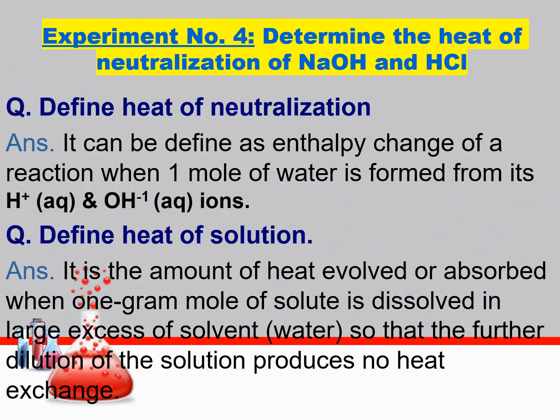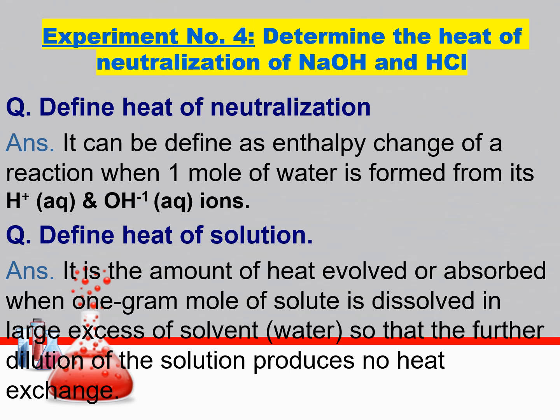Define heat of neutralization. It can be defined as enthalpy change of a reaction when 1 mole of water is formed from its hydrogen ion aqueous and hydroxide ion aqueous ions. Actually, whenever a strong acid reacts with the strong base, formation of the water is a reaction, that is neutralization reaction.